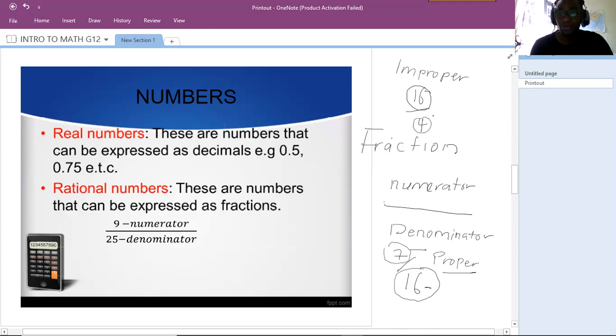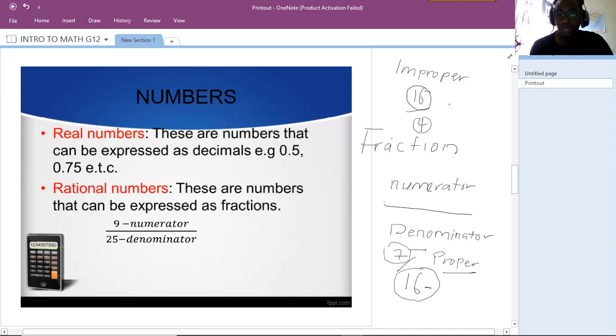A proper fraction, the numerator is smaller than the denominator, very normal looking. But an improper fraction, the numerator will be much bigger than the denominator.